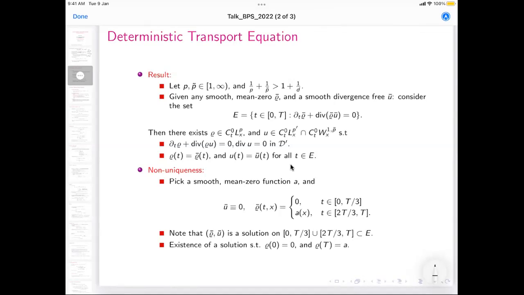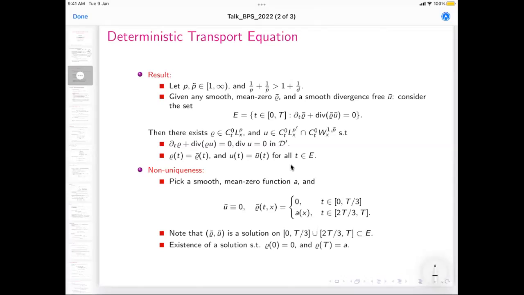This convex integration is going to give me a solution rho, u which solves this equation at least in this interval, right? Because here it's very easy to see that u bar and rho bar solve this equation. I mean, u bar is identically 0, rho bar is 0 in this interval, and it's independent of t, so the time derivative vanishes. So I'll get at least a solution here, but most interestingly, I will start with zero data.